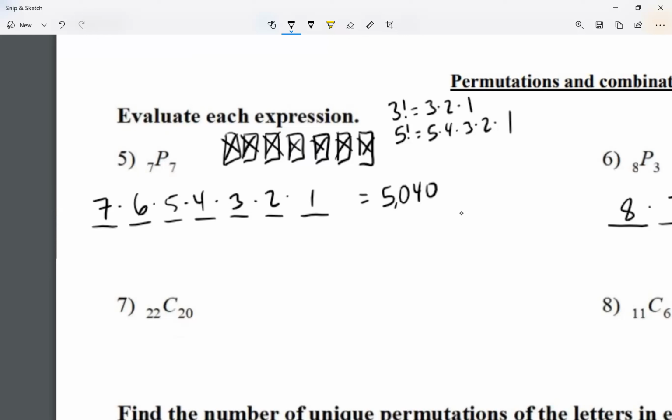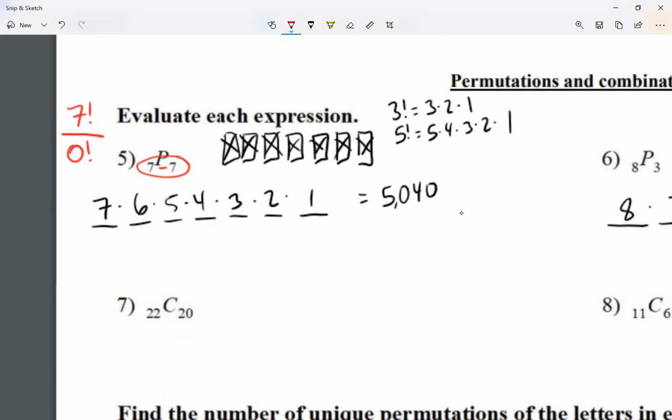Cool. What I'm going to do, let me do this in red, for my formula: I choose my first number, and I'm going to write this as 7 factorial. At the bottom, because I'm going to do a fraction, I'm going to subtract these, the first one minus the second one. 7 minus 7 gives me 0 factorial.